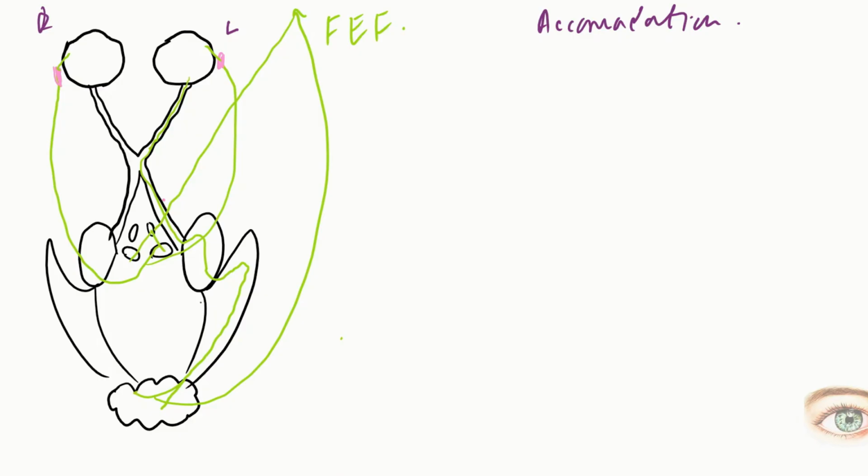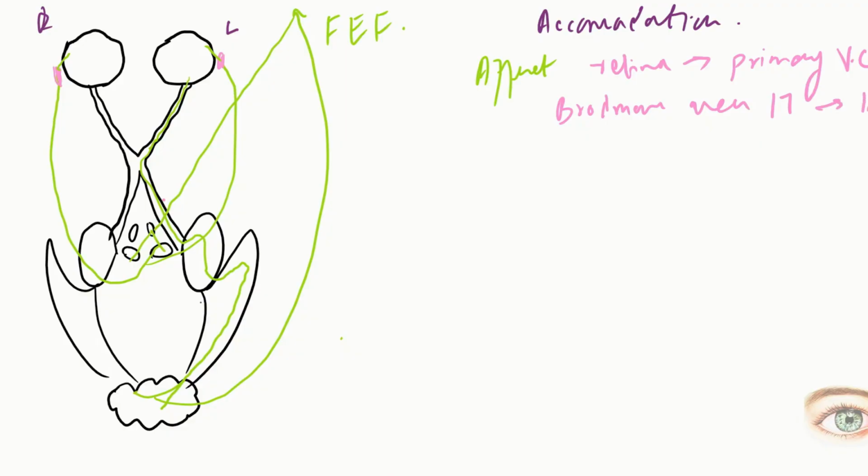Now, if you write this whole pathway in a flowchart, it is going to be like this. The afferent pathway is going to be from the retina to the primary visual cortex, or we can say Brodmann area 17, and then to areas 18 and 19, which are the secondary visual cortex, right?